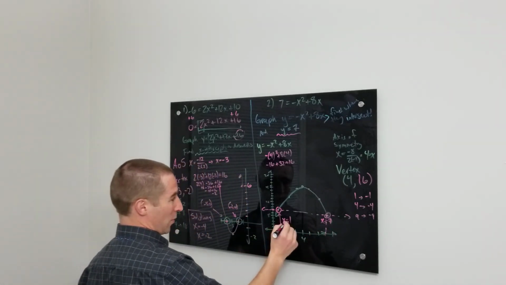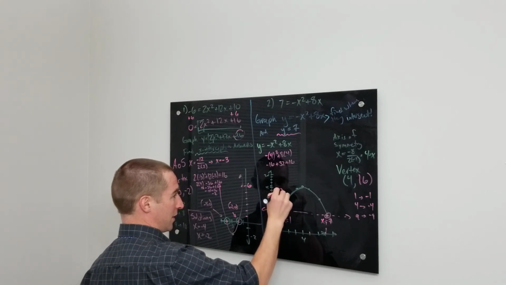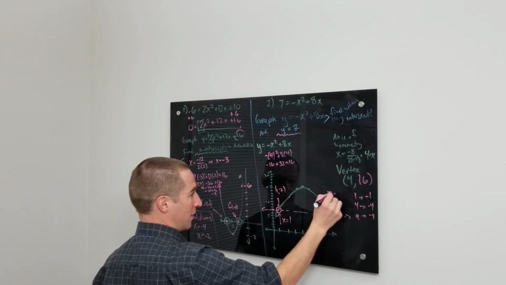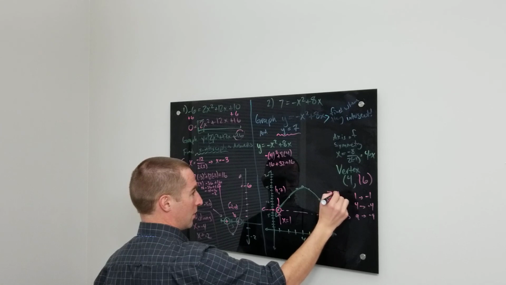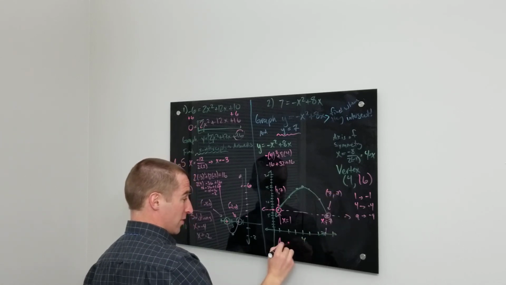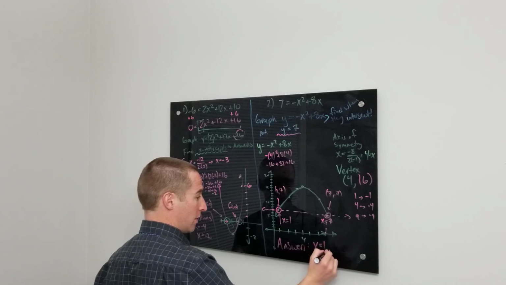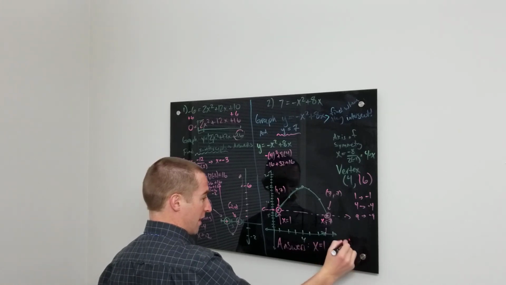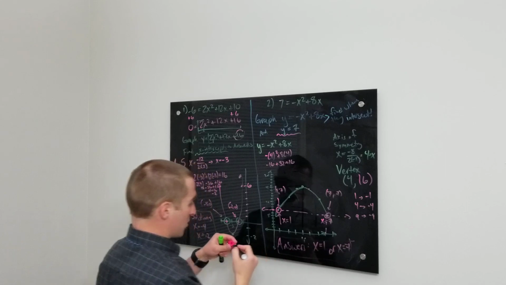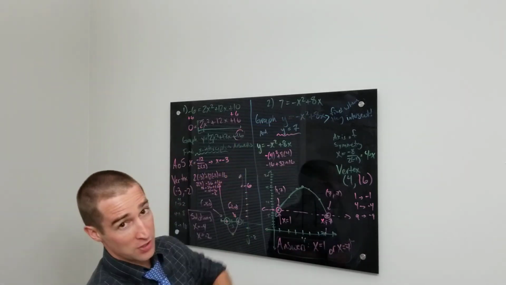So, right, this is at 1 comma 7, that's the point 1 comma 7, that's the point 7 comma 7. So the answers are x equals 1 or x equals 7. Just the x numbers, because really, remember, we're just solving this equation.